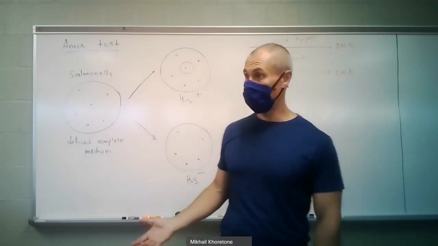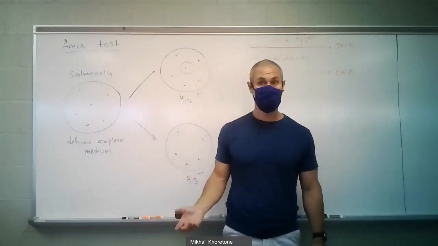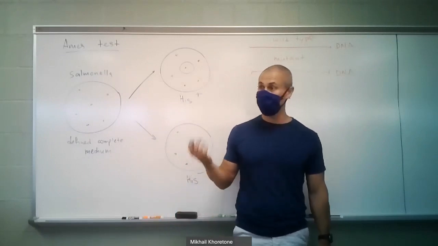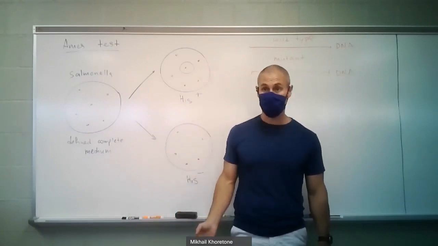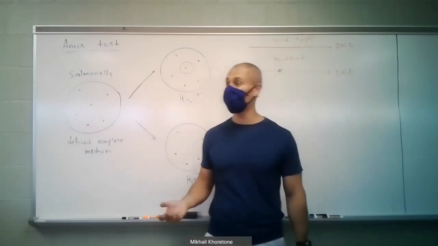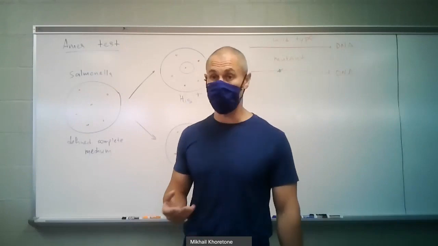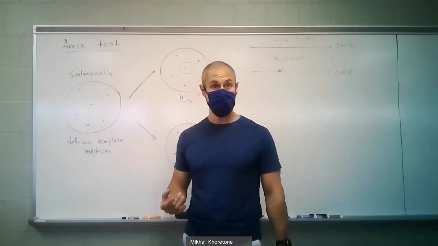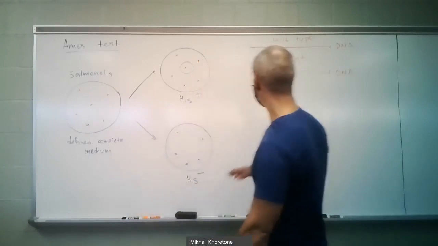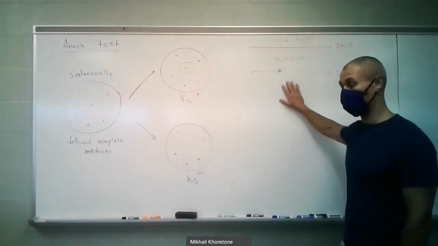A good example of auxotrophic organisms, there are 8 auxotrophic organisms that are currently in this room. That's us. We need essential amino acids. We cannot grow without essential amino acids. Does that make sense? We are auxotrophs. So far, we good? Okay, so that's a histidine auxotroph.